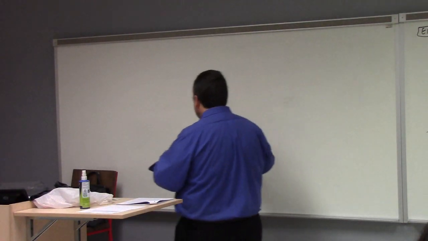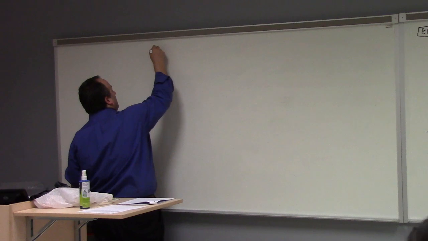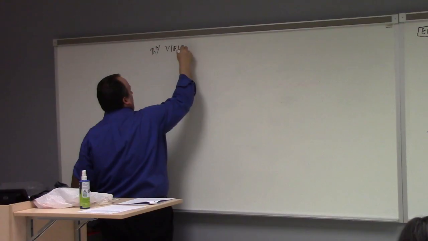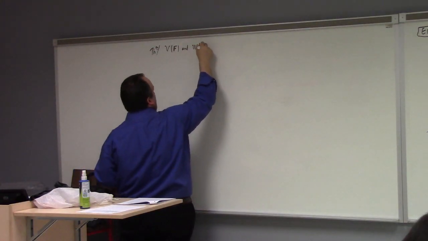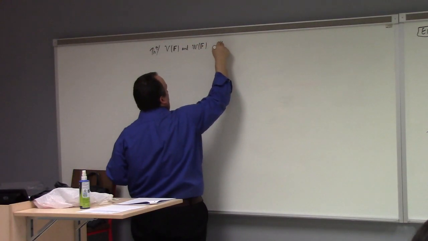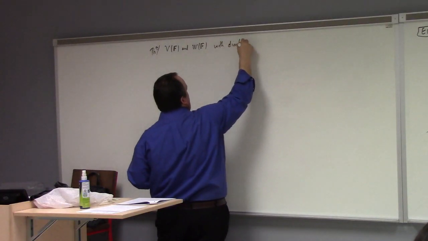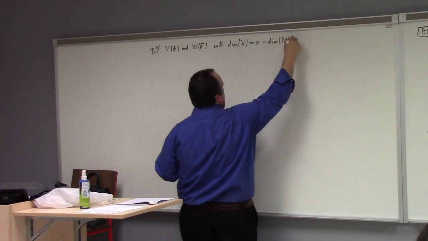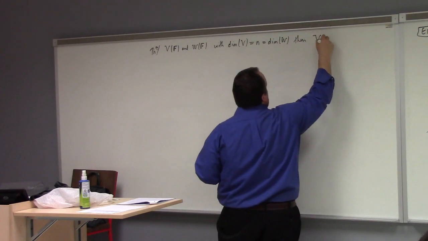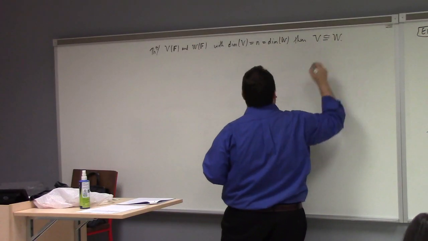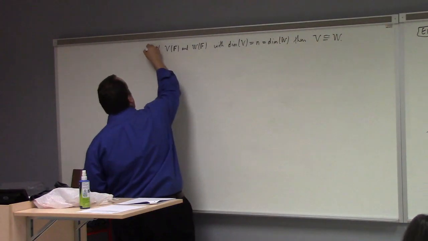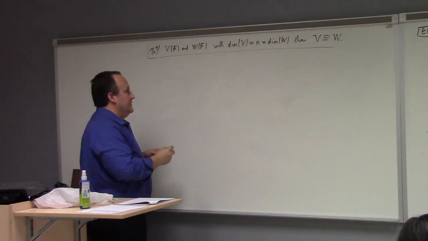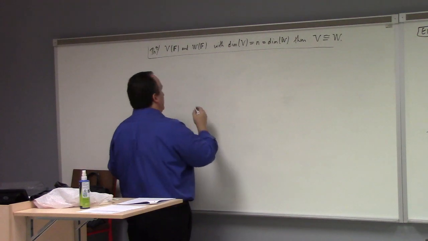So here's a theorem. Let V over F and W over F, with the dimension of V equal to n equal to the dimension of W. Then V is isomorphic to W. So I want to introduce you to a way of thinking, and it's graphical, I suppose.